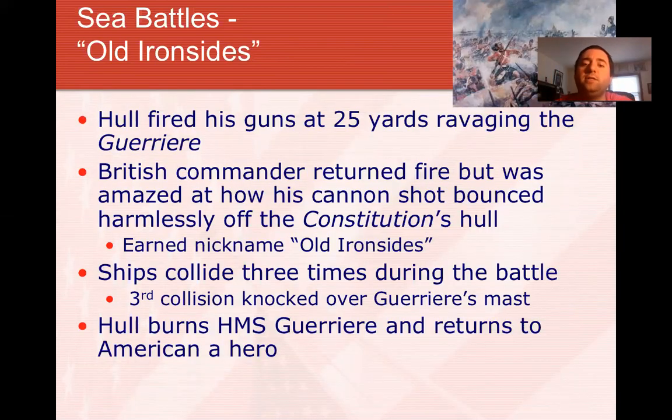He fired his guns at 25 yards, ravaging the Guerriere. The British commander returned fire, but was amazed at how his cannon shot bounced harmlessly off the Constitution's hull. Okay, not to be confused with being commanded by Isaac Hull, the hull of the ship.